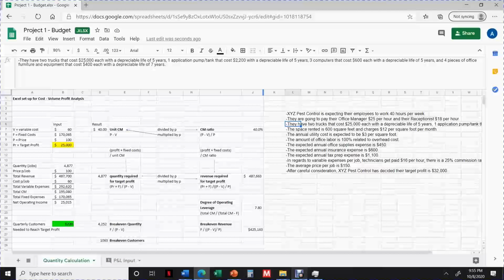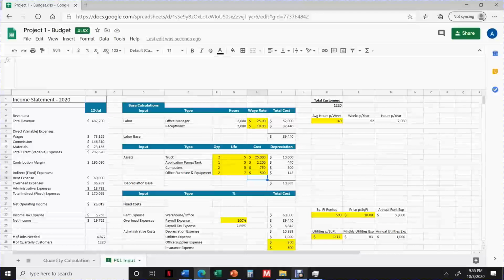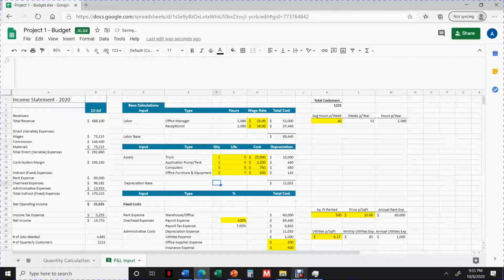We have 3 computers that each cost $600 with a depreciation life of 5 years. So we're going to switch the quantity to 3, and we need to switch the cost to $600.